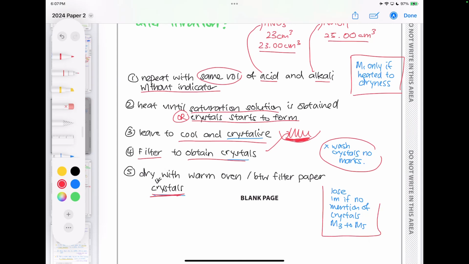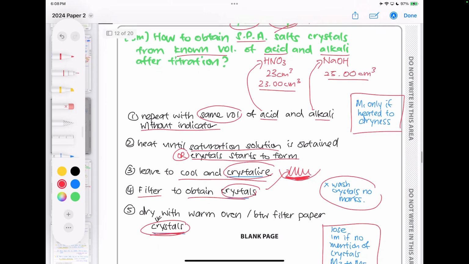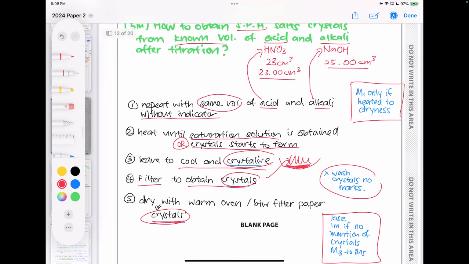One thing I find really interesting is if you don't mention the word crystal, you will actually lose 1 mark between M3 to M5. So you need to be clear that you are dealing with the crystals of the soluble salt, and you need to put the word crystals at least once. So: leave to cool to crystallize, or filter to obtain crystals, dry the crystals in a warm oven, at least once with the word crystals to make sure you get your marks here. Okay, so that's 5 marks here.